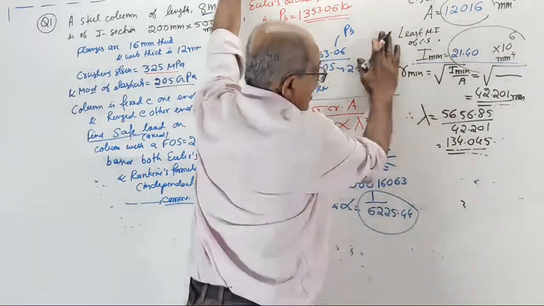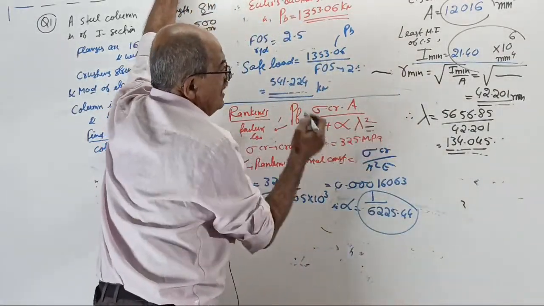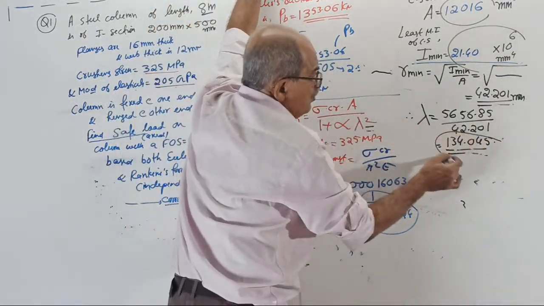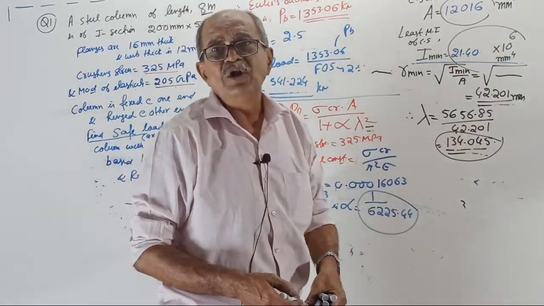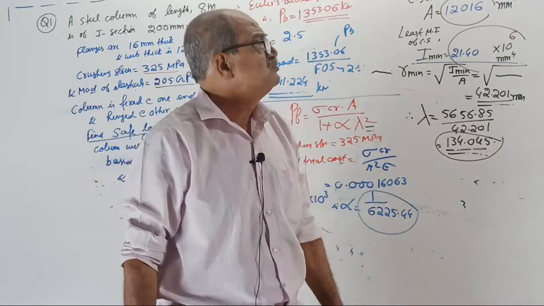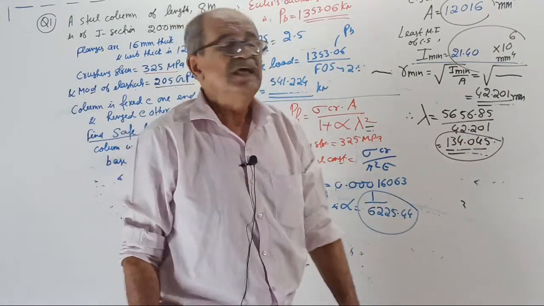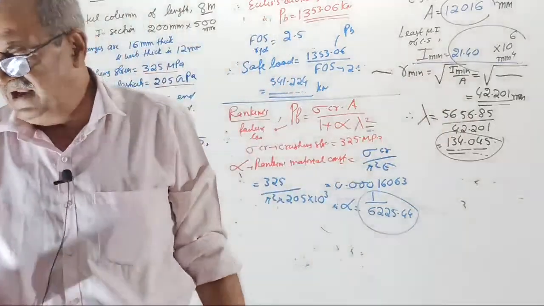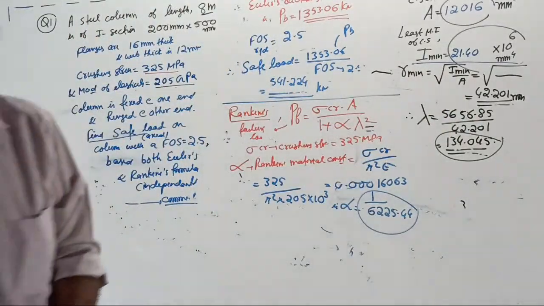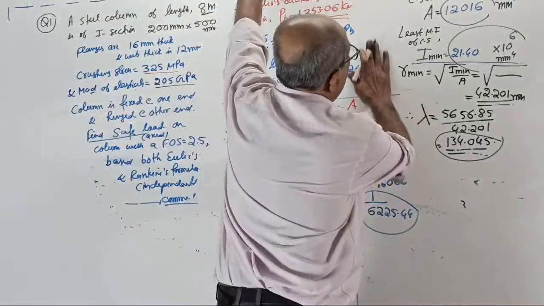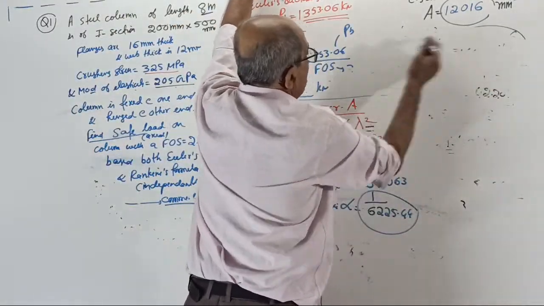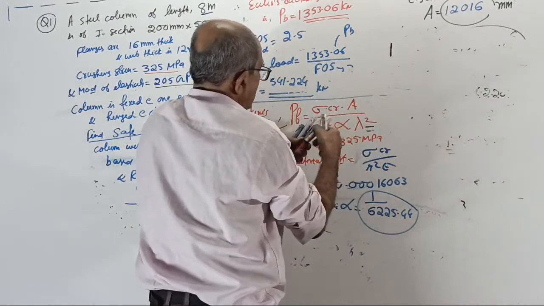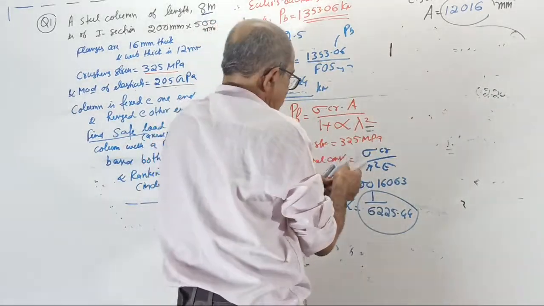Now you require lambda. Lambda is already calculated when you solved by Euler. If some student says, sir, Euler was not asked, find lambda now. Why are you waiting? If not done earlier, find it now. So, Rankine's failure load, in red color, because it is the failure load.